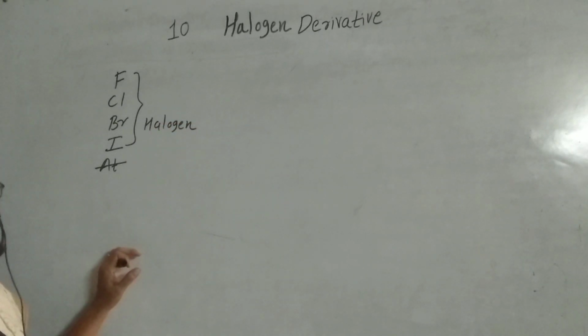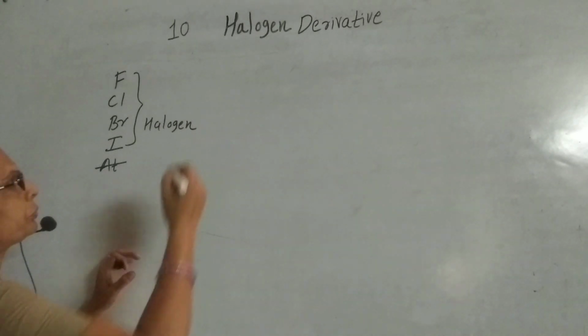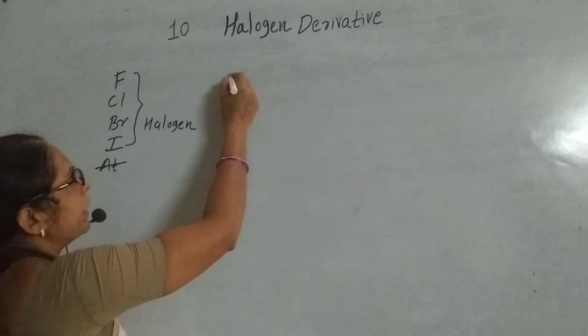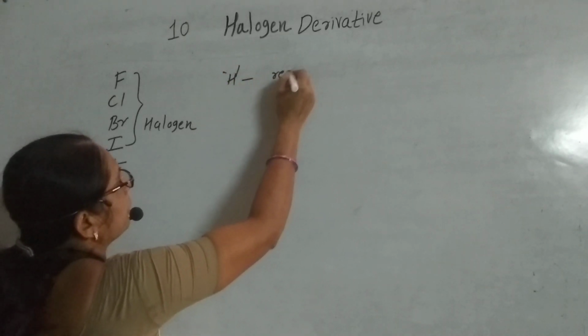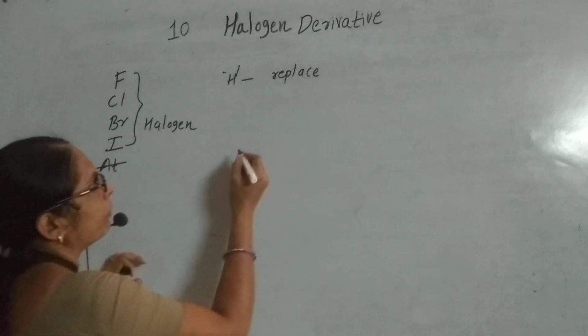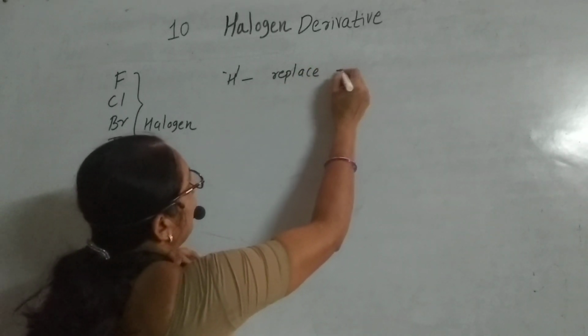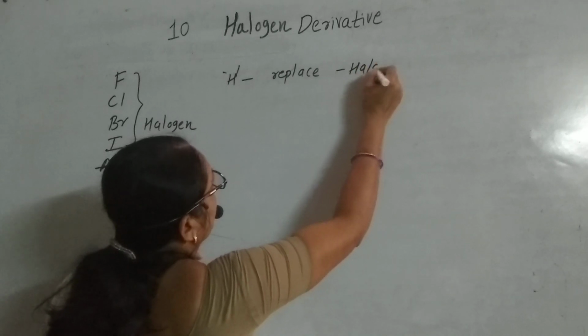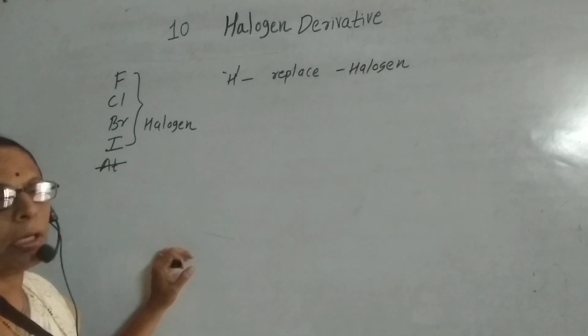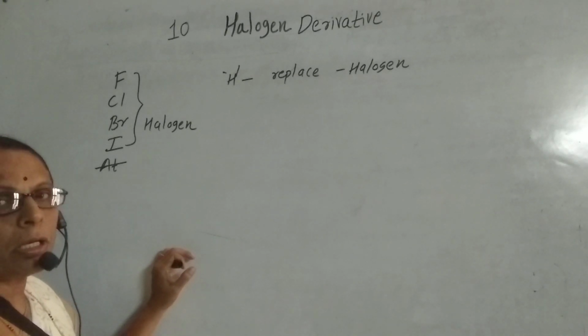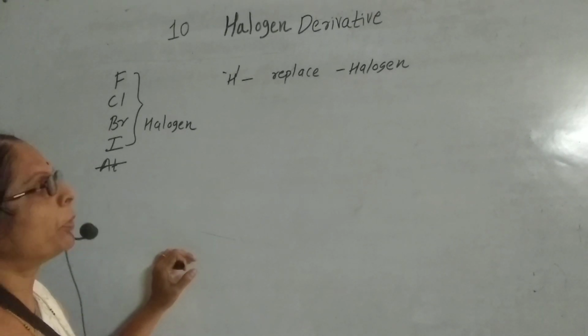When I say halogen derivative, it means the hydrogen of the organic compound is replaced by halogen. Whatever compound you obtain is the halogen derivative of organic compounds.